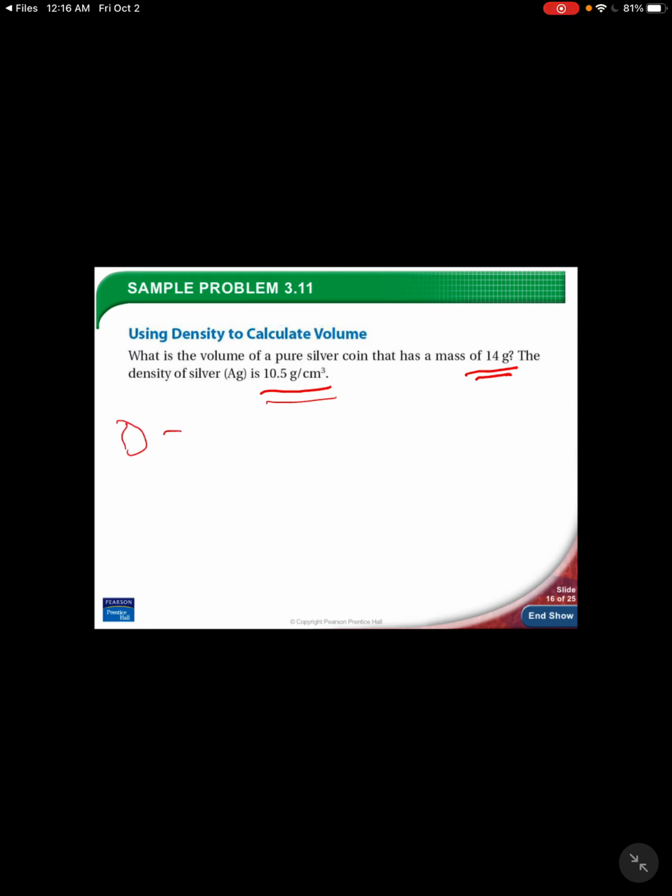So if density is equal to mass over volume, what I can do is rearrange this equation: multiply both sides by V, and that would give me DV over here. And then divide both sides by D, which brings my D back over here to the denominator.